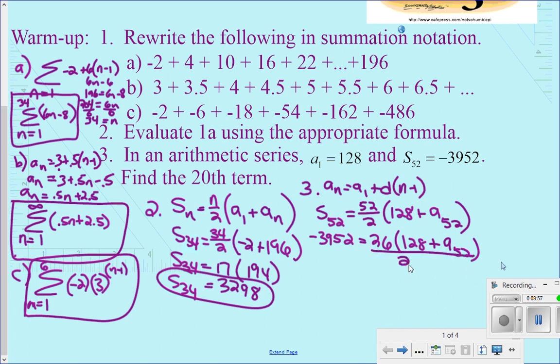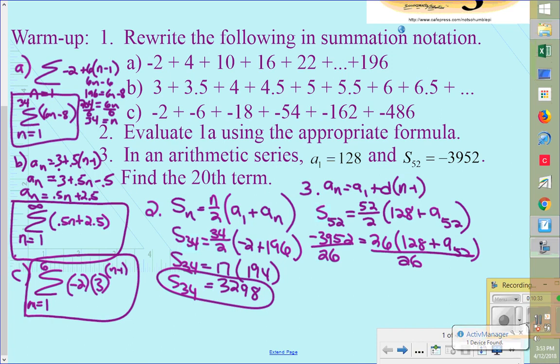So I'm going to divide by 26, and that is going to give me, let's see, a sub 52 is, I guess I'll have to grab a calculator here.